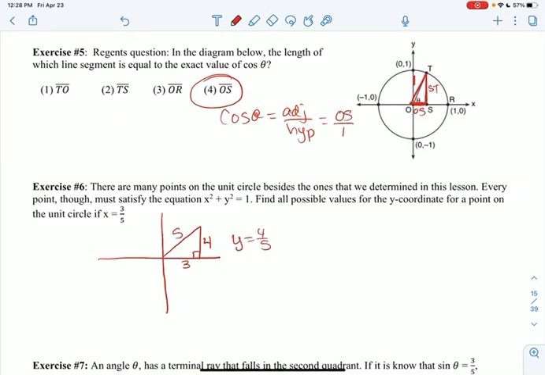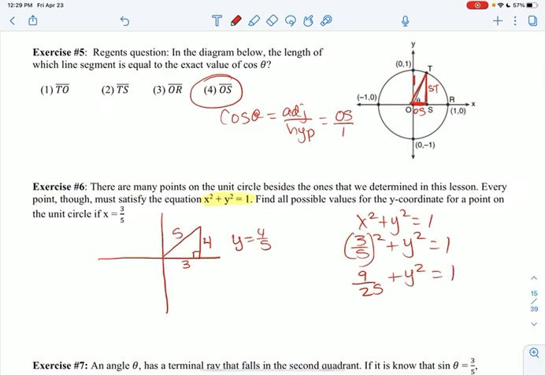Now, another way to do that is, watch, this might be a little bit easier. Maybe I should have done this way first. x squared plus y squared equals 1. x is 3/5. Well, (3/5) squared is 9 over 25. So now I'm solving for y. So I'm going to have y squared equals 1 minus 9 over 25.